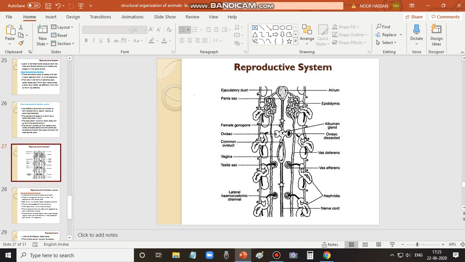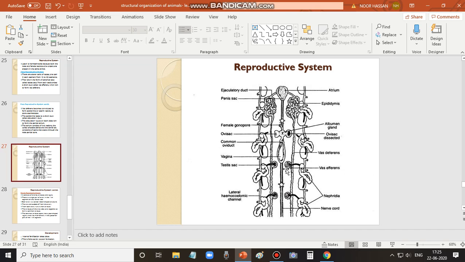The ejaculatory ducts from both sides open into a chamber called the genital atrium, which has two parts. One is a coiled gland called the prostate gland, and the other is the penial sac. The penial sac consists of the penis that opens through the male genital pore, which is present on the 10th segment. This is about the male reproductive system.